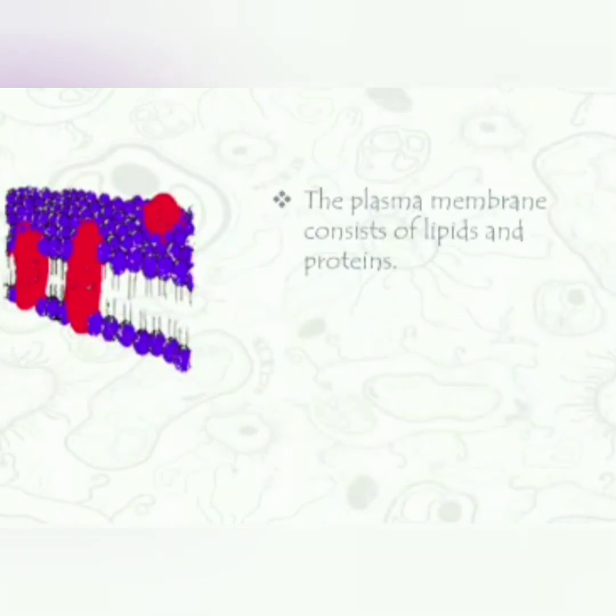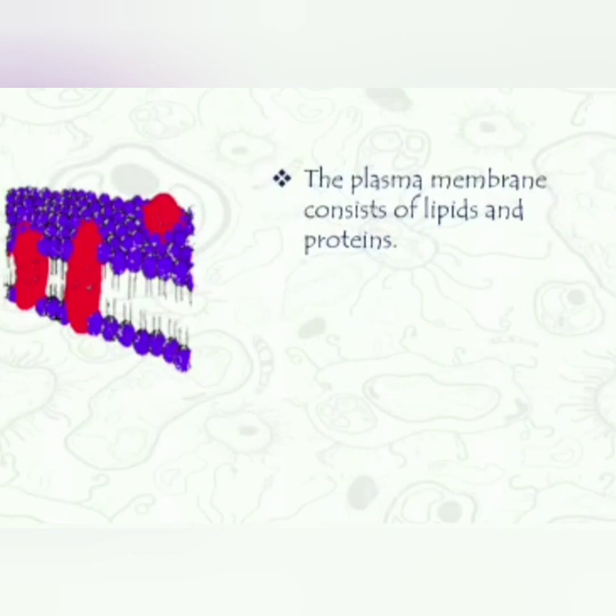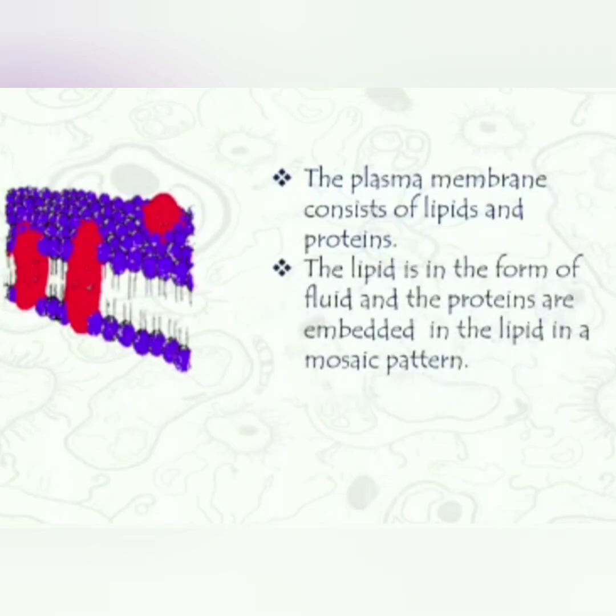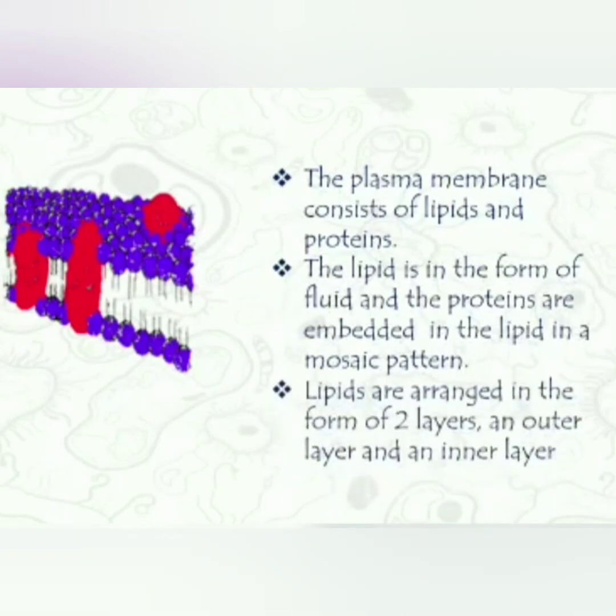According to this model, the plasma membrane consists of lipids and proteins. The lipid is in the form of fluid and the proteins are embedded in the lipid in a mosaic pattern. Hence, the name fluid mosaic model. Lipids are arranged in the form of two layers, an outer layer and an inner layer.